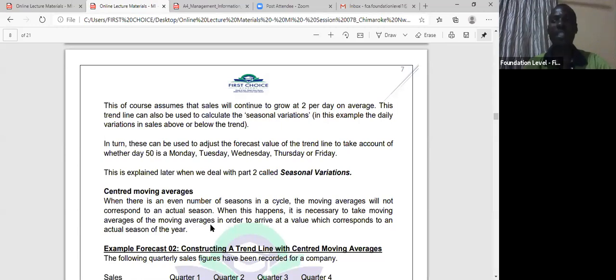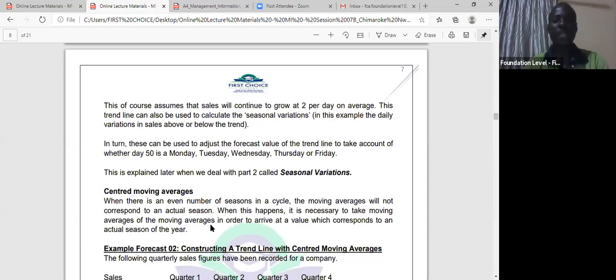Peculiarity of Monday. So you take into account the peculiarities of each day. That is the seasonal variation. So the transport you expect on Monday morning and on Friday evening is based on the peculiarities of those days.